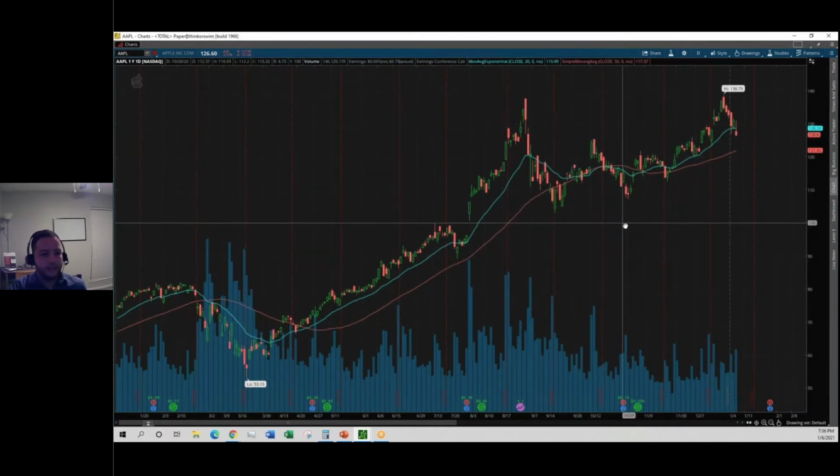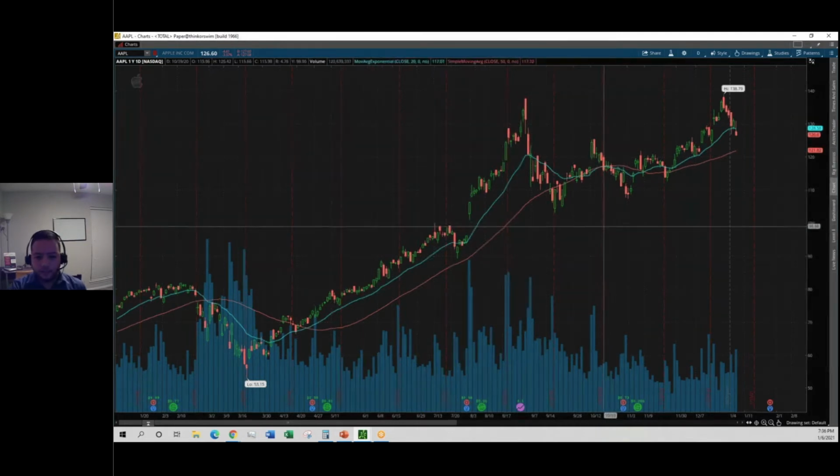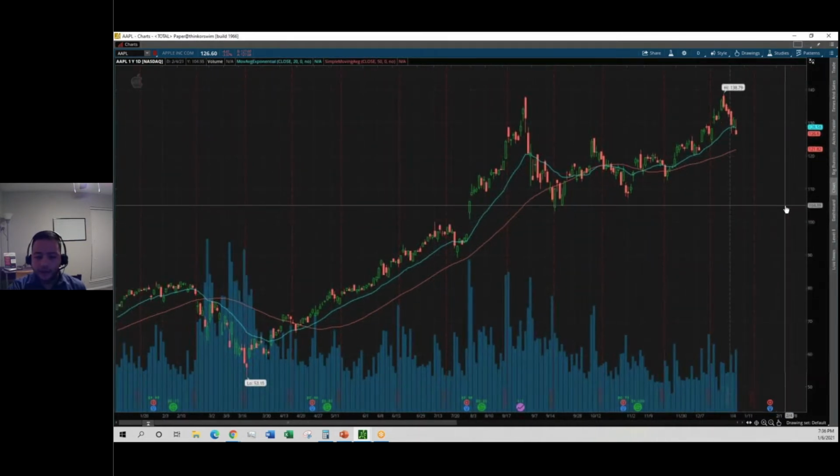So what I've got here is the one year, 1 day chart of Apple computers, right? And what I've got is the simplest form of chart that you can have with two moving averages.